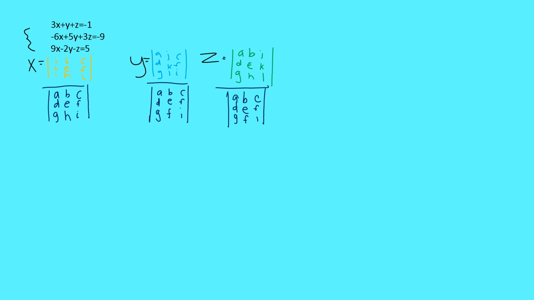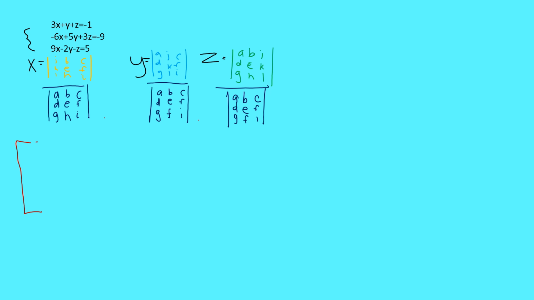Okay, so for solving any system using Cramer's rule, you really only have to use this to find the x and the y, and then you can plug those back into any of the equations to get the z. In this instance, we're only going to find the x just because you can follow the formulas to find y and z as well, but I want to show you how to do the problem.